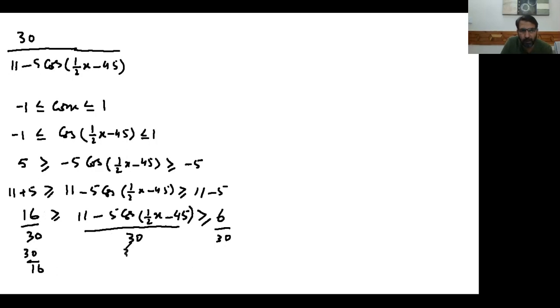This 30 will go up and the whole quantity will go down, that is 11 minus 5 cos half x minus 45, and this is 30 divided by 6.